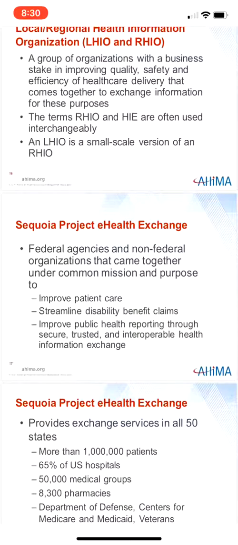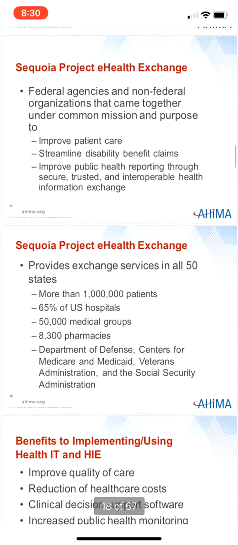Currently, it provides exchange services in all 50 states for more than 1 million patients, which includes 65% of U.S. hospitals, 50,000 medical groups, 8,300 pharmacies, and the Department of Defense, Centers for Medicare and Medicaid, Veterans Administration, and the Social Security Administration.